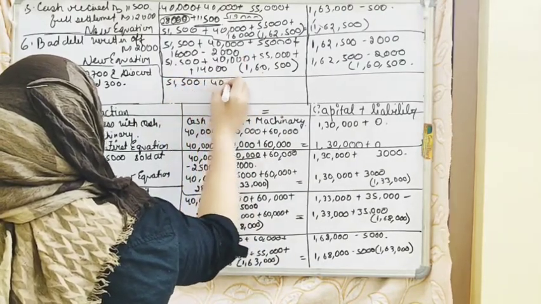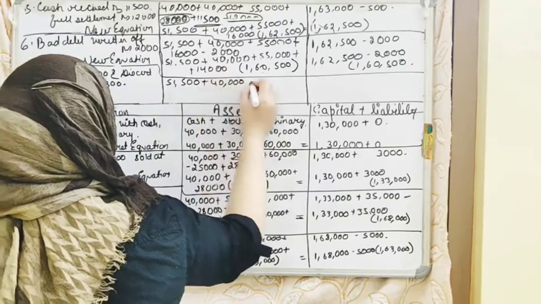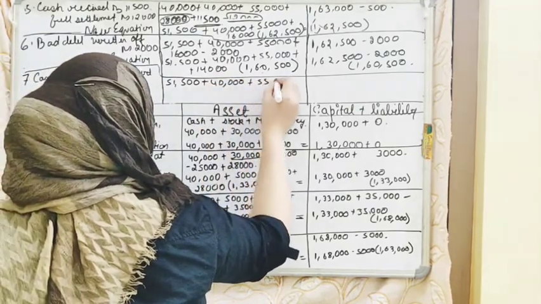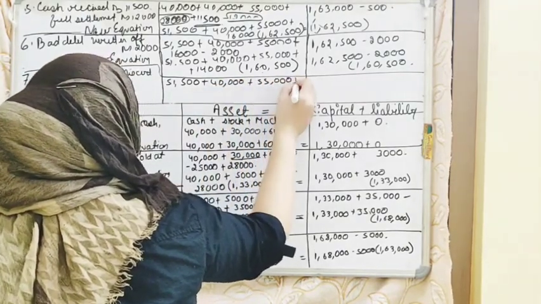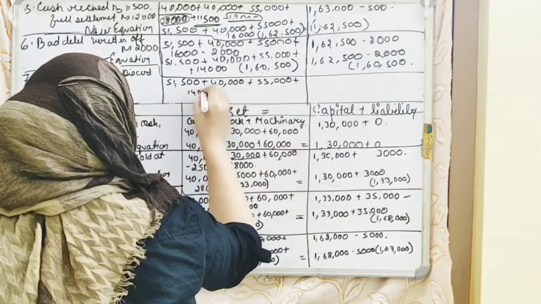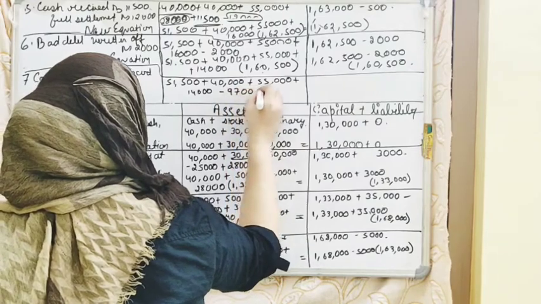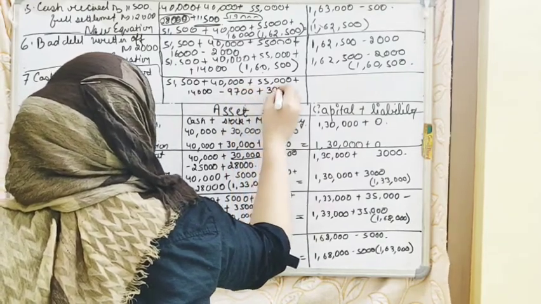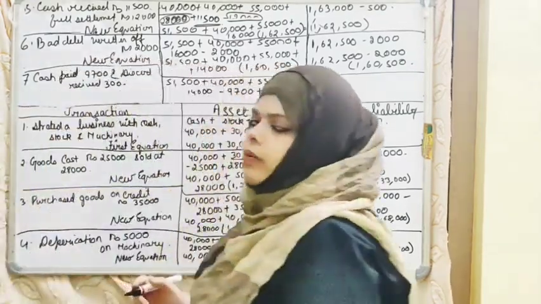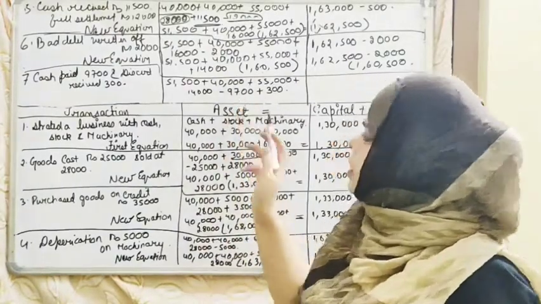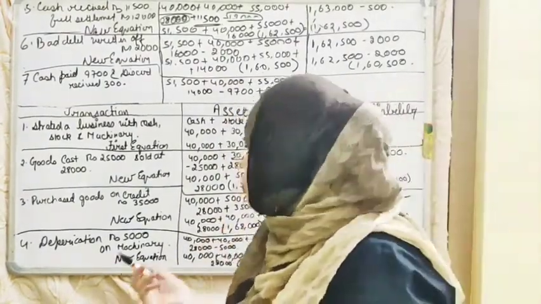So we'll write everything in a serial manner. 51,500 plus 40,000 plus 55,000 plus 14,000 minus 9,700 plus 300. Why did we write minus 9,700? Because we are paying the cash. So cash is paid.